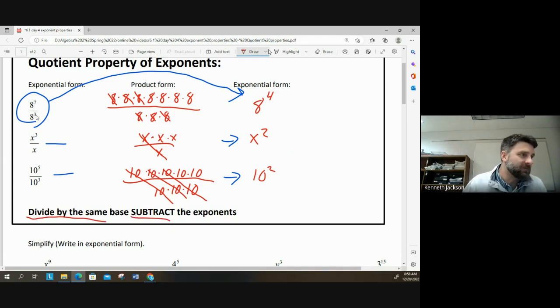So 7 minus 3, 8 to the 4th. 3 minus 1, x to the 2nd. 5 minus 3, 10 squared. So this is kind of the opposite of, if you multiply by the same base, add the exponents. If you divide by the same base, subtract the exponents.